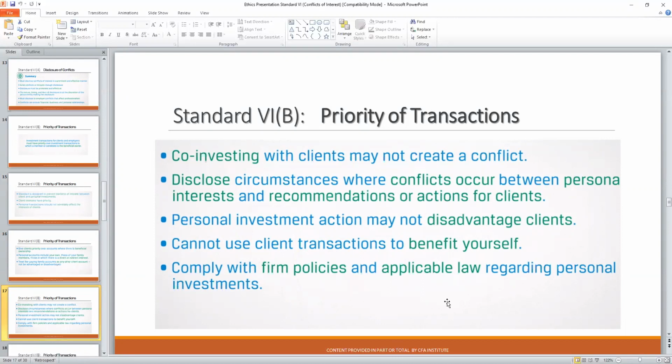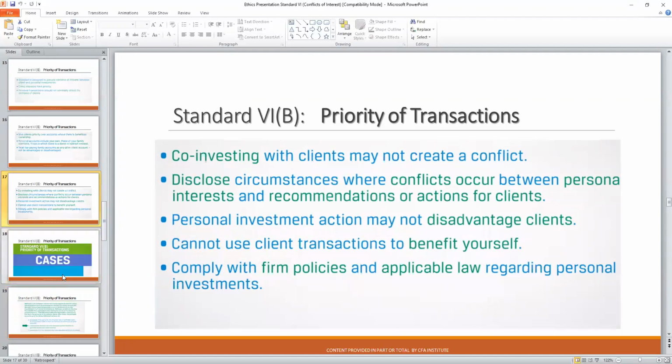Disclose circumstances where conflicts occur between personal interest and recommendations or actions for clients. Personal investment actions may not be disadvantaged to clients. Cannot use client transactions to benefit yourself. Okay, so if you have a big gain in a client account, you can't share in that. And comply with firm policies and applicable laws regarding personal investments.